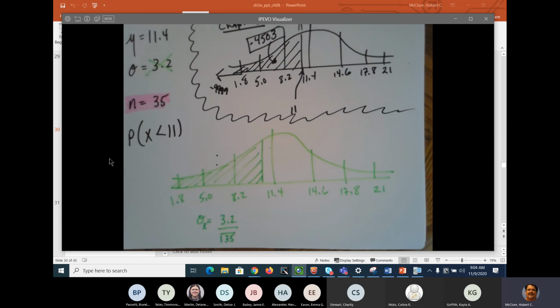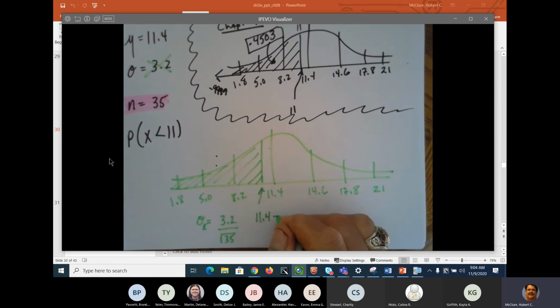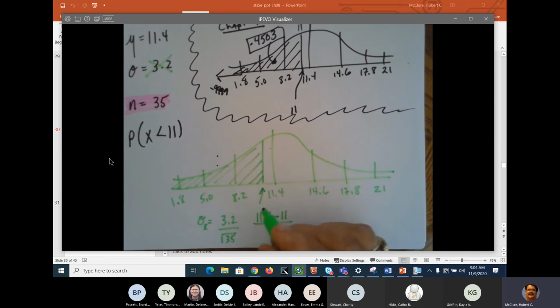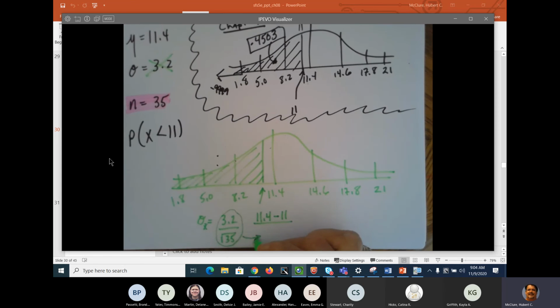If you're using an old calculator, you've got to find this z-score. And that's going to be 11.4 minus 11 over 3.2 over the square root of 35.